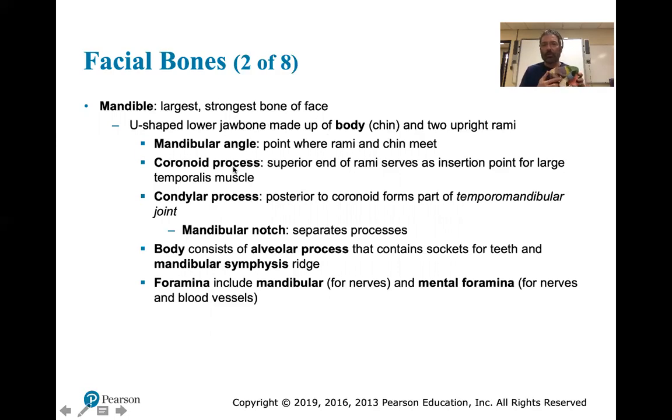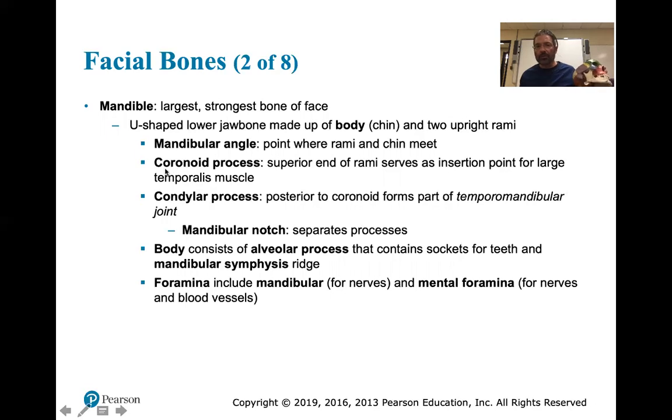Two upright members, the rami. So the mandible, so temporomandibular joint, mandible is the point where the rami and chin meet. All right, there's a coronoid process. The superior end of the rami serves as an insertion point for the large temporalis muscle. Remember, this temporalis is over here.